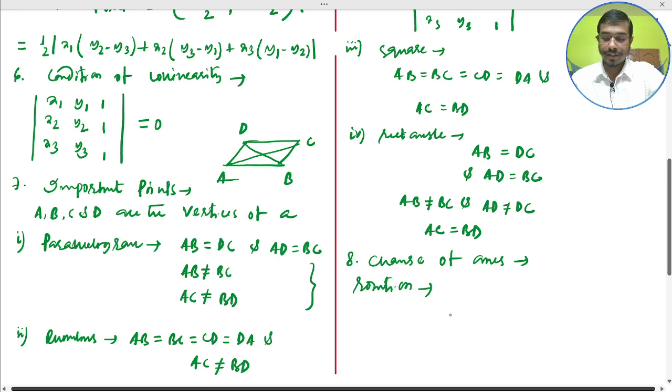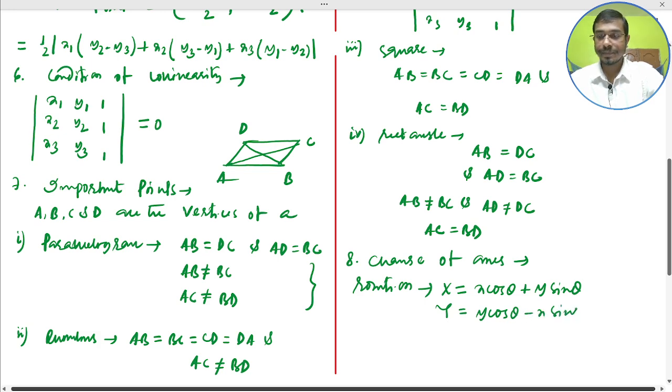If the axes are rotated through an angle theta in the anti-clockwise direction, keeping the origin fixed, then the new system of coordinates is given by capital X equal to x cos theta plus y sin theta, and capital Y, that is y cos theta minus x sin theta. This is basically (x, y) changing to (capital X, capital Y).